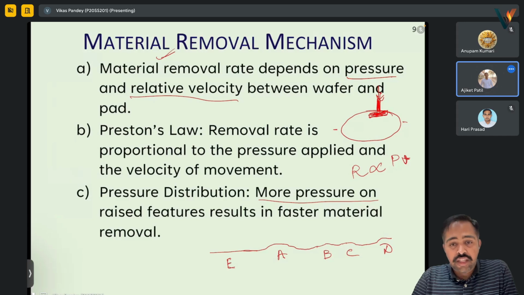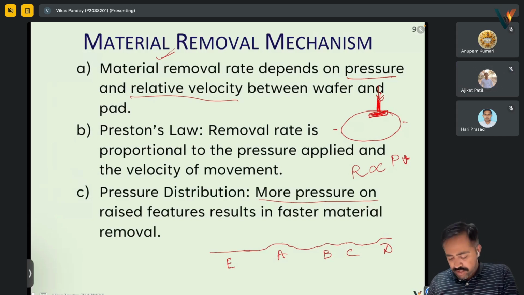A. A and D. If you see A and D, they are at a higher position. And in which case will we give the lowest? Like the remaining E, B, and C. Yeah, E will be lowest, or I think something between A and B, because that is the lowest point here.